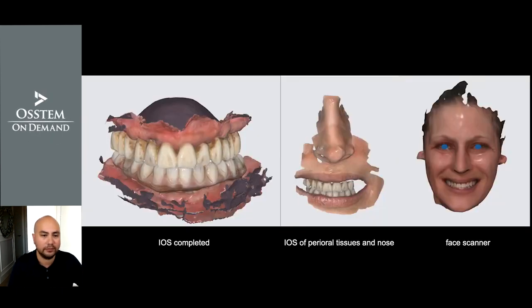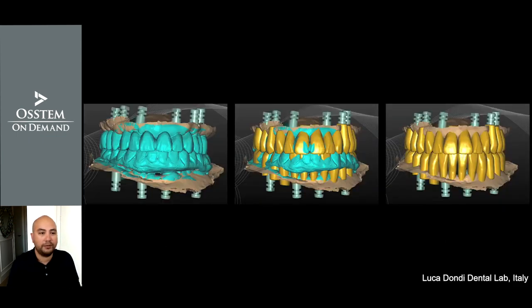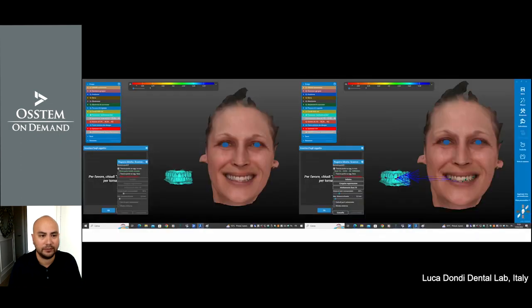photogrammetry. Once the intraoral scanning data and the photogrammetry data are complete, then we scan the perioral tissues and the nose, and then we scan the face. We begin by designing the definitive prosthesis based on the position of the interim prosthesis.